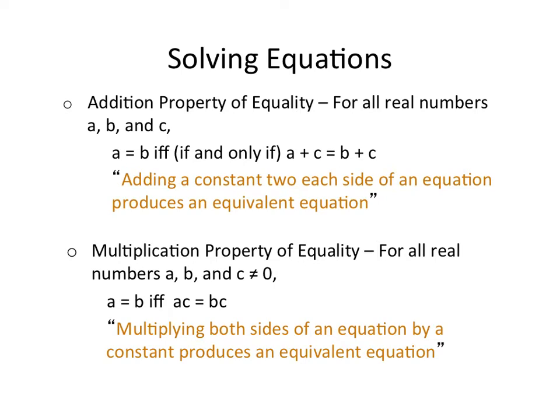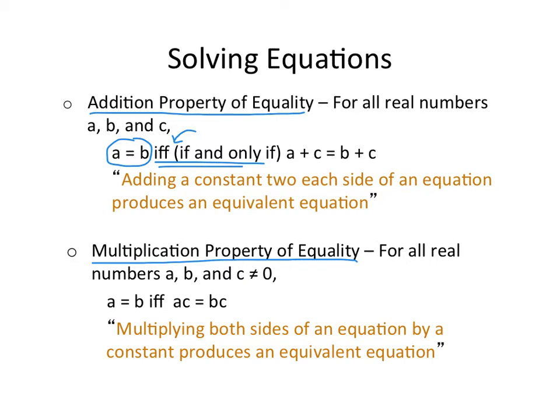We're going to use these properties to help us solve these equations. We have the addition property of equality, and we have the multiplication property of equality. Add these to the list of property names that you need to know. But overall, what it's saying is if two things are equal, then no matter what, if and only if, and a little side note, IFF is not a typo.